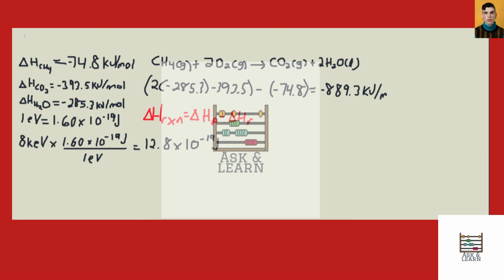That's the delta H of combustion, but that's for 1 mole of our substance. We are dealing with 1 molecule. So remember Avogadro's number. 1 mole is equal to 6.02 times 10 to the 23rd molecules.